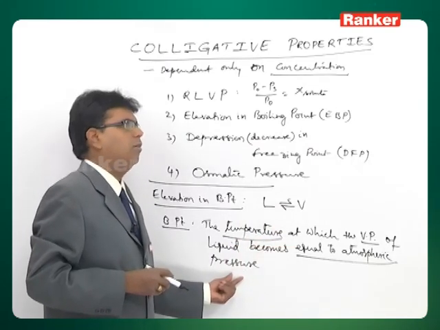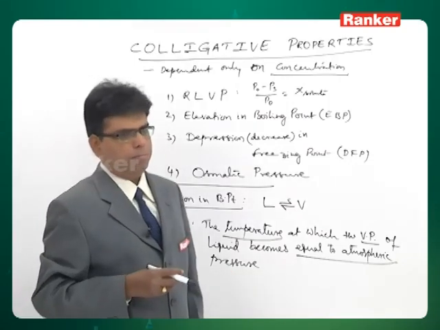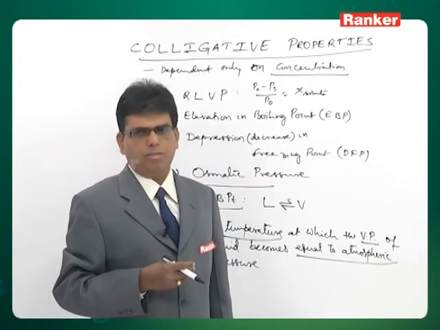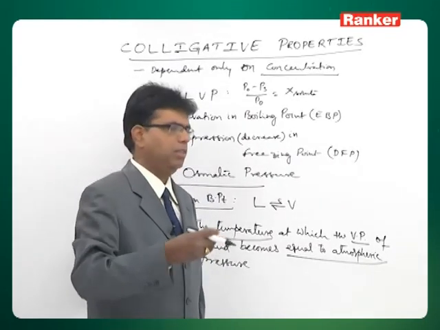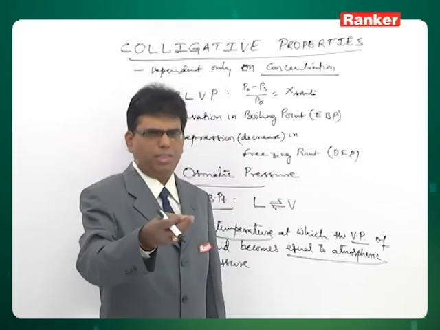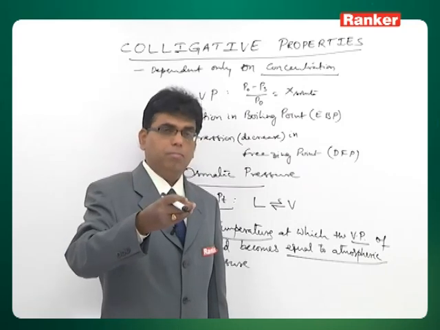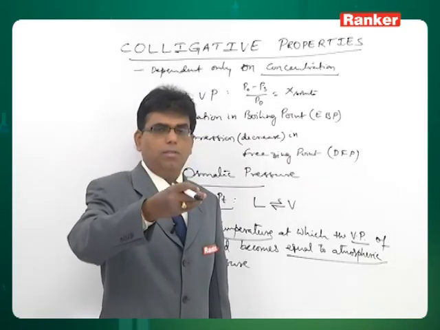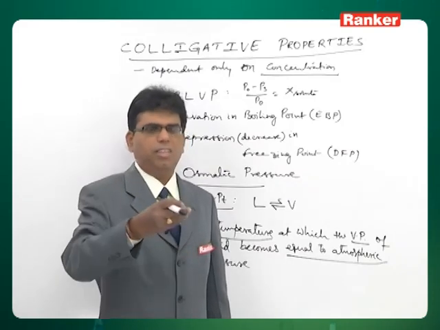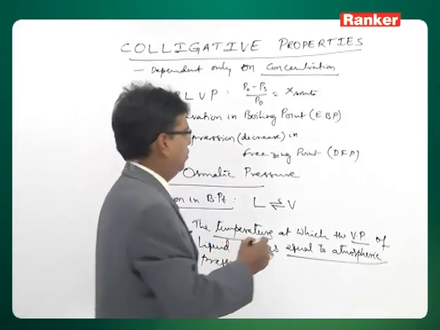Take the example of water at 27 degrees Celsius. Water will have a certain vapor pressure of about 15 mm or 13.8 mm. But as we keep raising the temperature from 300 Kelvin to 373 Kelvin, that is 100 degrees Celsius, its vapor pressure increases to 760 mm.